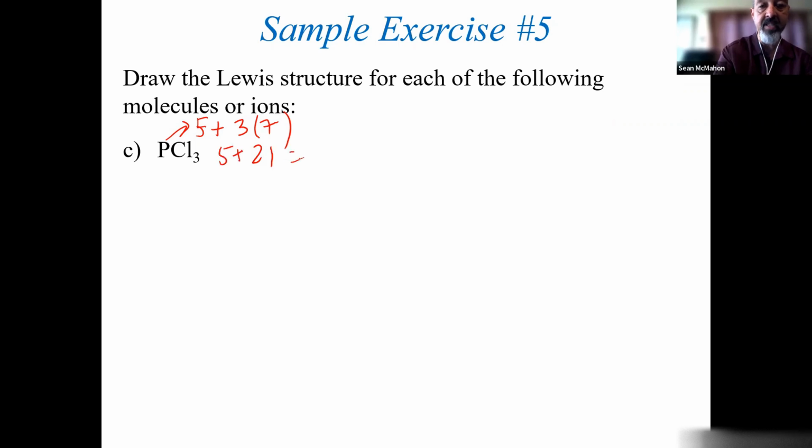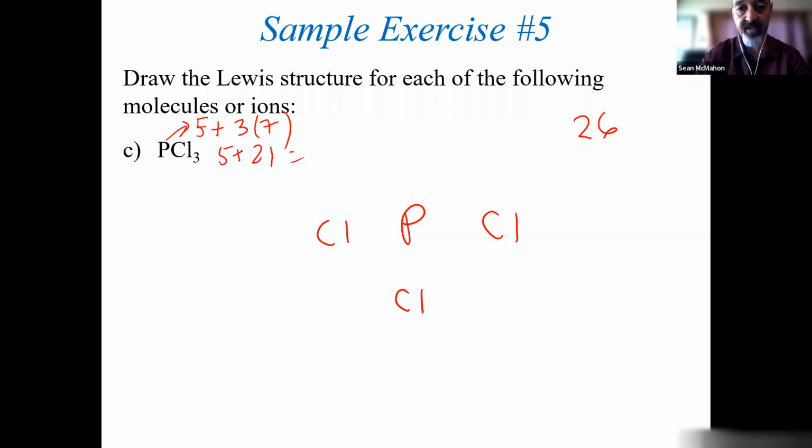Plus 5 means I have 26 valence electrons. So who am I going to pick? Who's further to the left or further down? Phosphorus. So phosphorus is the central atom, and then I have my chlorines as outer atoms on the periphery.